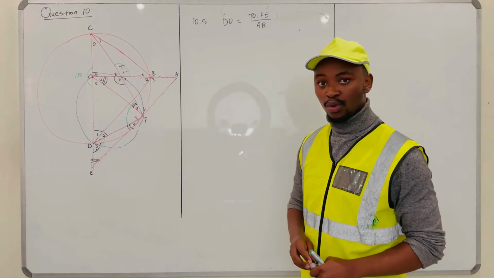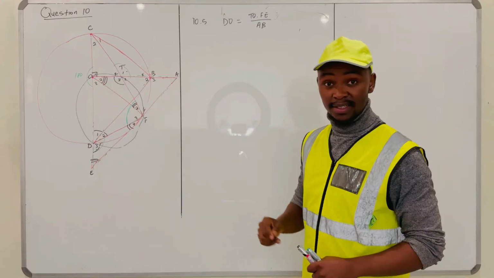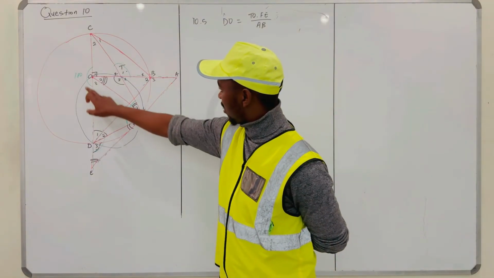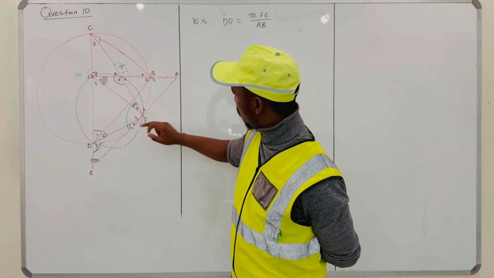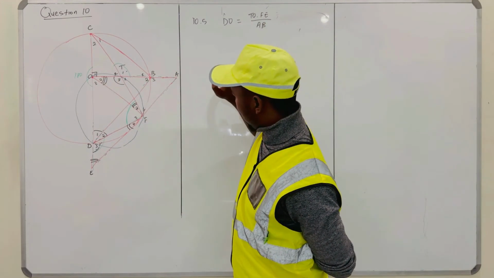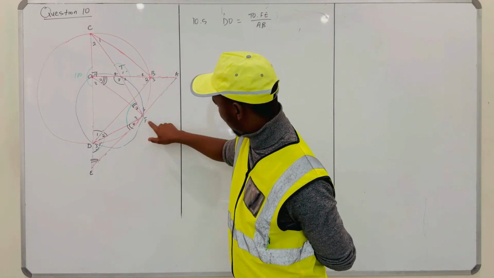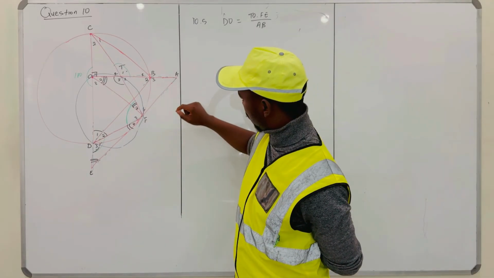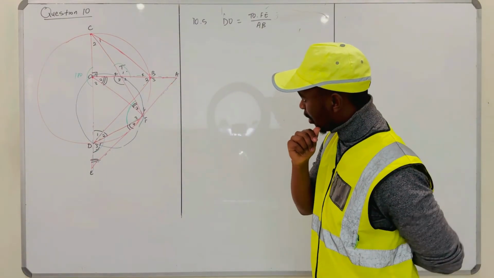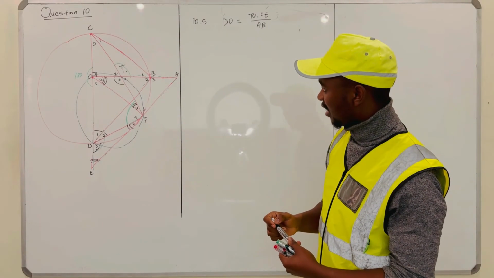The first thing you do is to identify where those sides lie. We see DO here, we see TO in this triangle, and we see FE here, and we see AB. We can identify multiple triangles there.